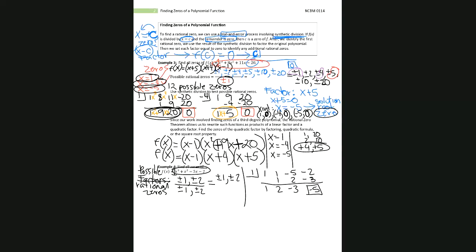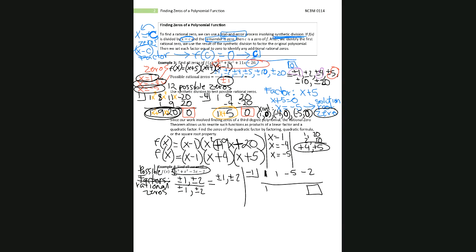Now, let's go ahead and try with negative 1 and see what we get. Okay, so now we're going to divide by negative 1. So first step is the same. We just drop the first term.